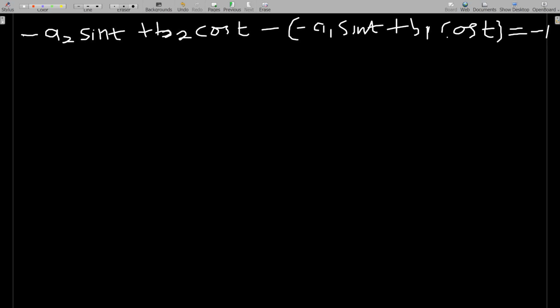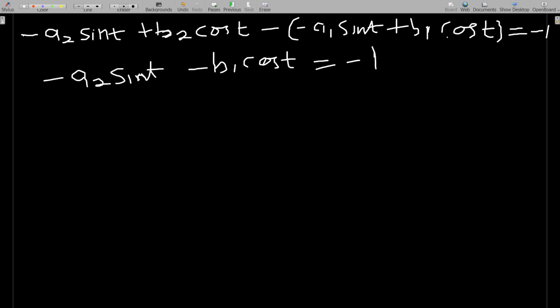Now if you remember, a1 is 0 and b2 is also 0. So this will simply give us minus a2 sine t, since b2 is 0, and a1 is also 0, so minus b1 cos t, and this is equal to -1.